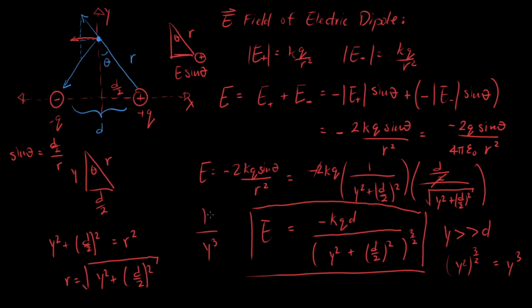My bad, I lost my words. So that's a pretty important concept. Just understand that the E field will then just be proportional to 1 over y cubed. So just know this derivation and you will be good.